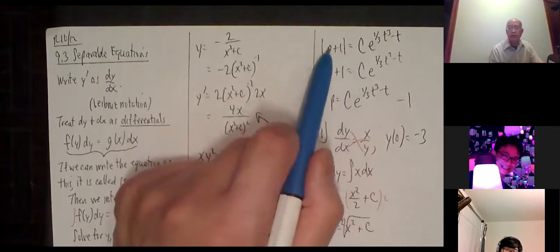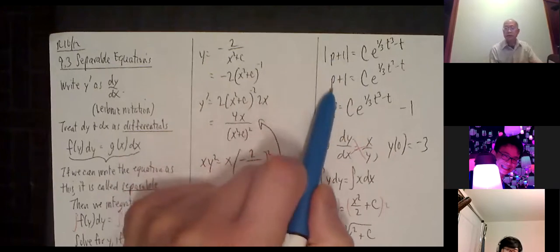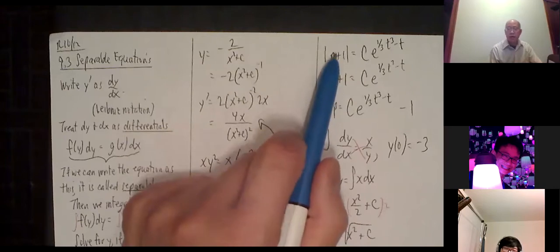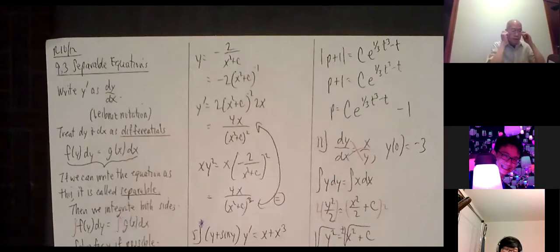Okay, now how do I get rid of absolute value? I just dropped it. Okay. And what allows me to go from here to here? Okay. So quick timeout on that.